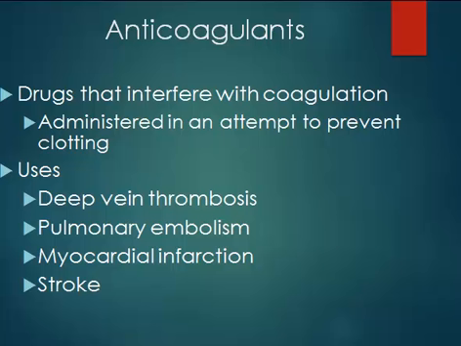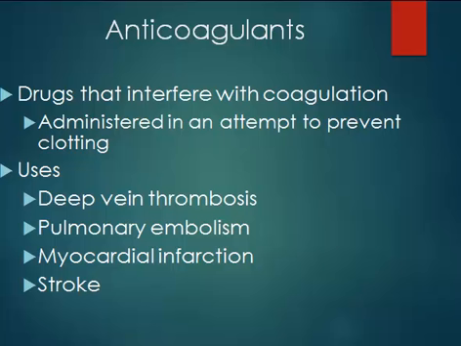So these are drugs that interfere with coagulation. They're administered in an attempt to prevent clotting. So you have that plaque, the blood platelets have attached to it, and formed a clot. Once the clot is formed, an anticoagulant is not going to break it down.